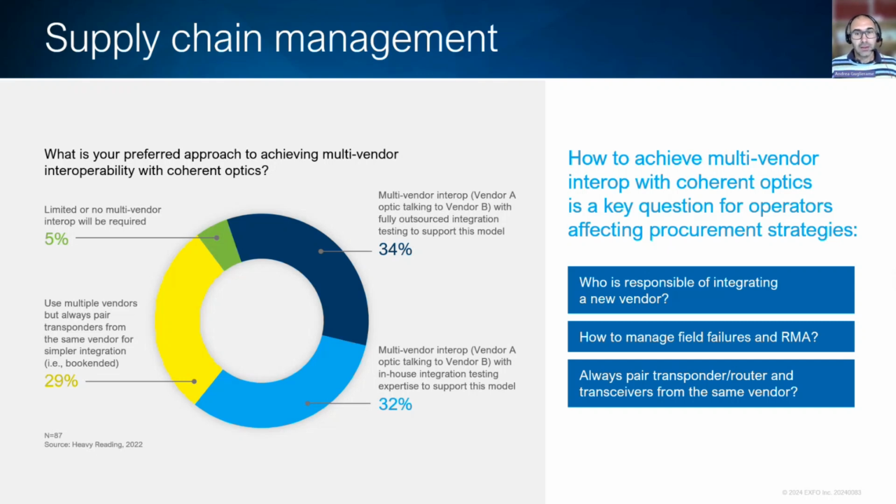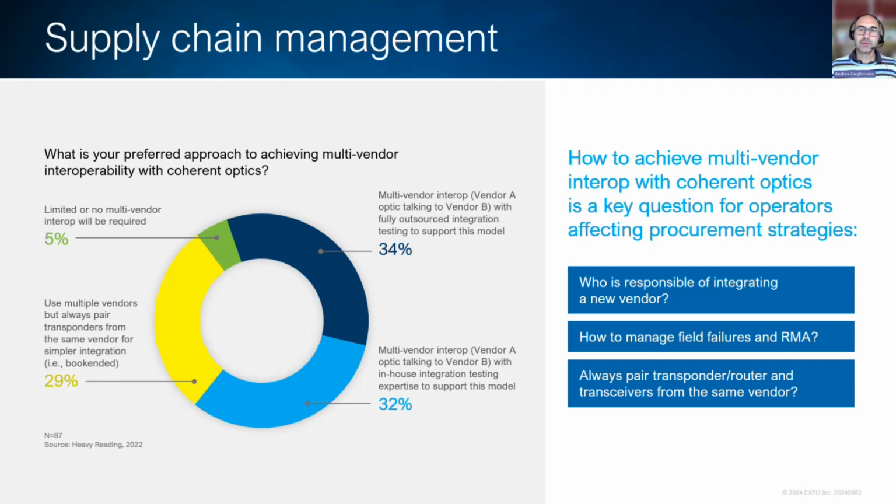So in the end, it's clear that if on one side IPoDWDM is bringing overall advantages in terms of CAPEX and OPEX, more testing capability is required for operators to guarantee multi-vendor interoperability. And it could be addressed in different ways, whether outsourcing the activity to a third-party company or with in-house capability.